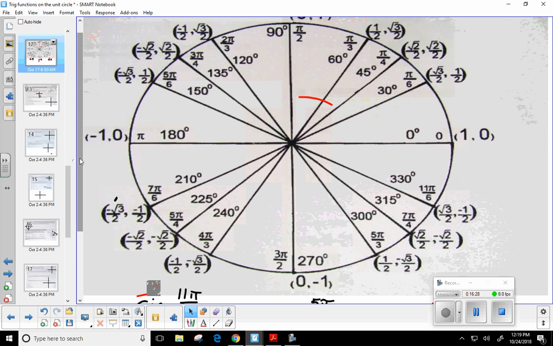I notice everybody is really using their green one that we started with, and that is fantastic. But here is a complete filled-in unit circle for you. Now remember, what can you always do on your quizzes and tests? You can always use your notes.